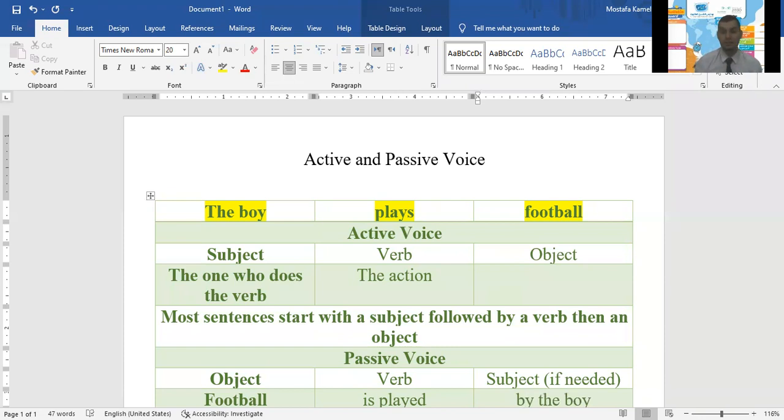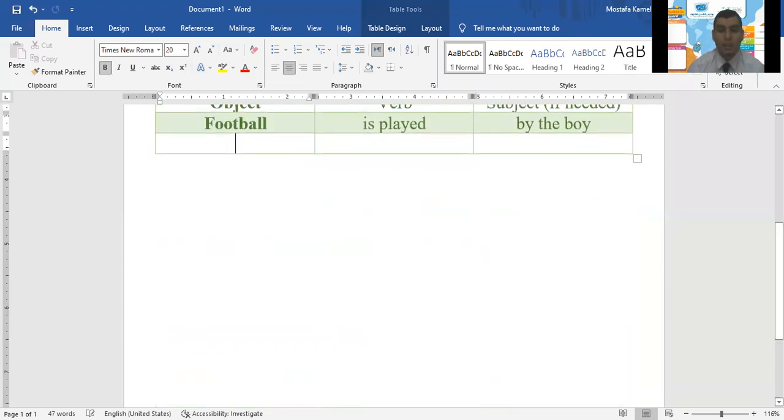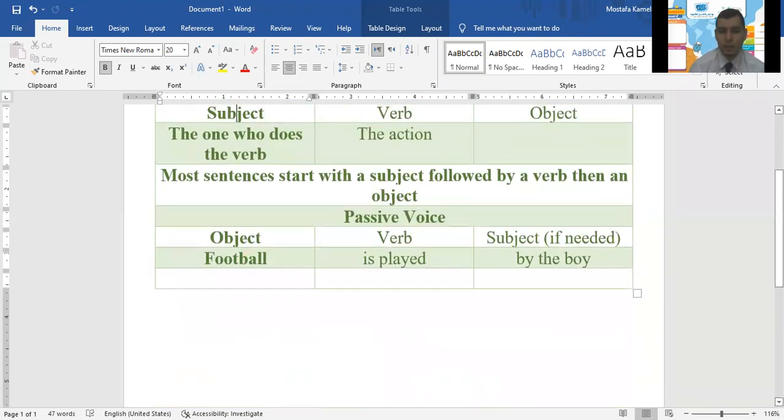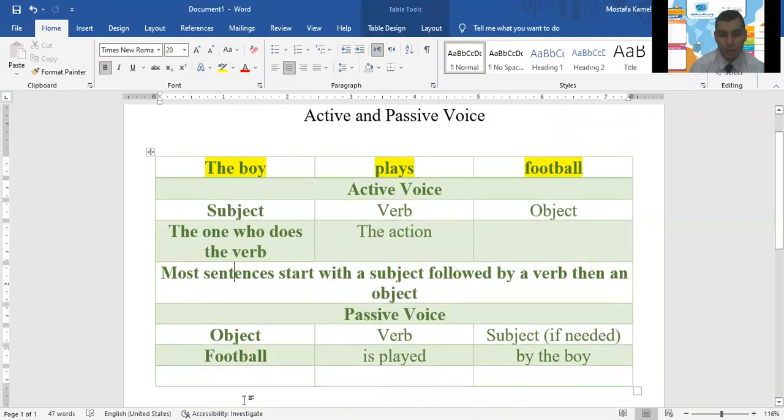Got it? So what did we change? We changed the places of the object and the subject.